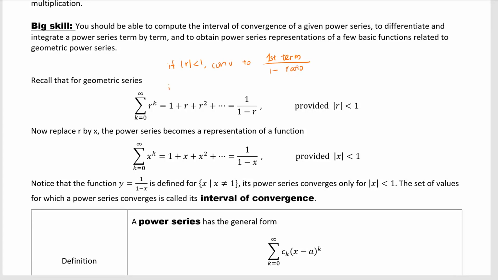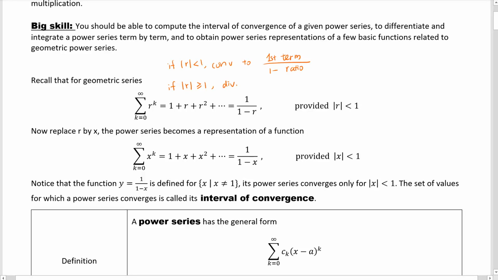And if the absolute value of r is greater or equal to 1, the series diverges. Here our first term is 1, so 1 over 1 minus r. So this is the geometric series.